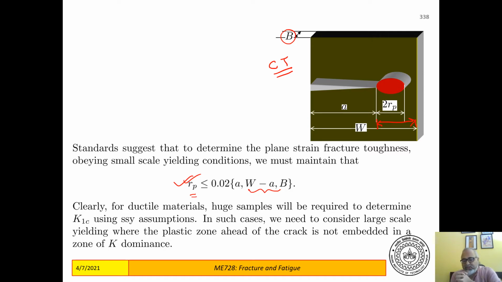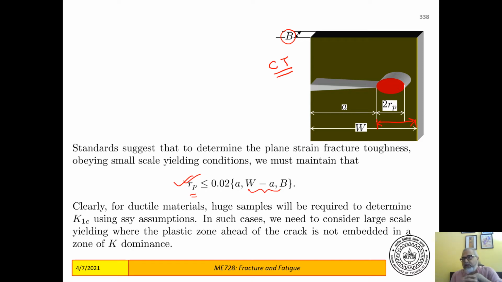Being able to do these tests in such a material is a good reason why you should go for elastoplastic fracture mechanics, where the elastic fields, the K fields, no longer dominate what happens inside the plastic zone. To understand how elastoplastic fracture mechanics works, we have to understand plasticity a little bit.